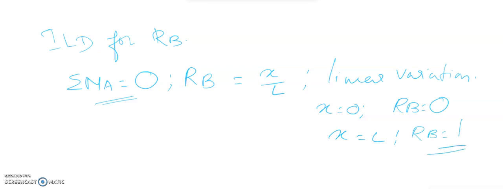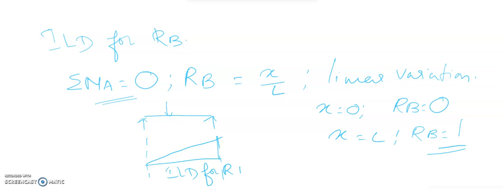Substitute in this function and you get the value. Now again, for the simply supported beam, you draw the diagram for ILD for RB. This is your diagram for ILD for RB. It's a linear variation and you have the function value as X by L. Write down ILD for RB and the beam values.